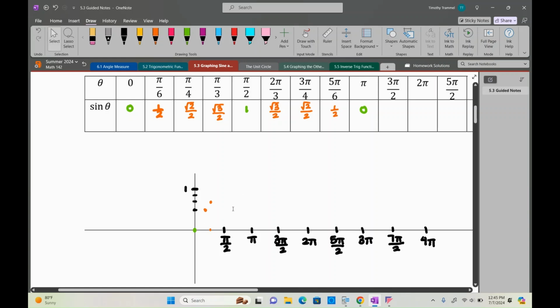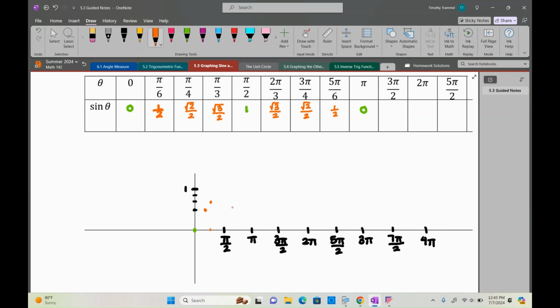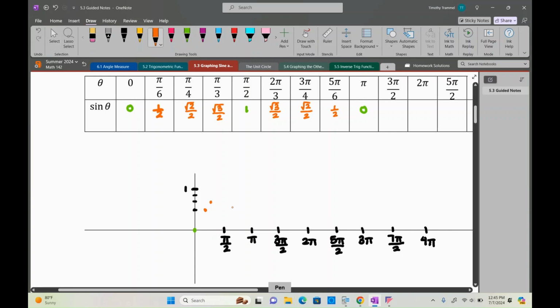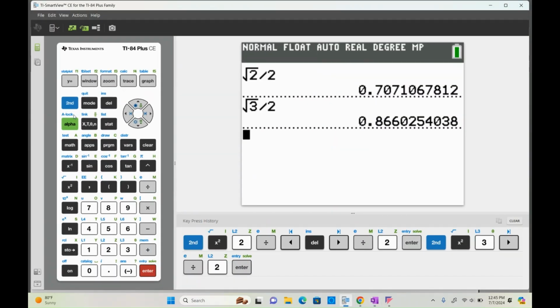Right. And then after that, we have pi over 3. And pi over 3, let's figure out what fraction pi over 3 is of pi over 2. Okay. So we have our pi over 2.